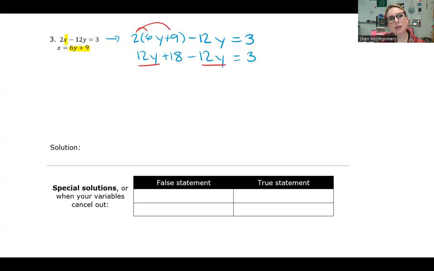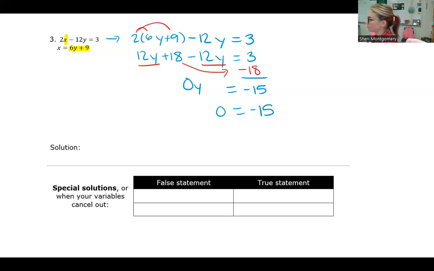Well, 12 minus 12 is what? That's 0. Well, I get 0 for my variables. I have 0 y's. And I still need to find out what's on the other side. So if I have positive 18 over here, I would have to subtract 18. So really what I end up with is that 0 is equal to negative 15.